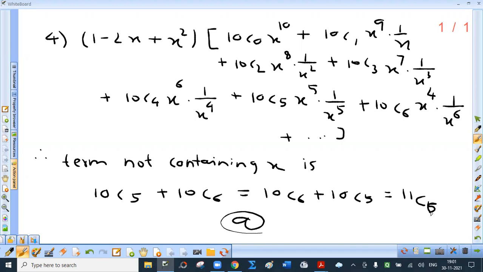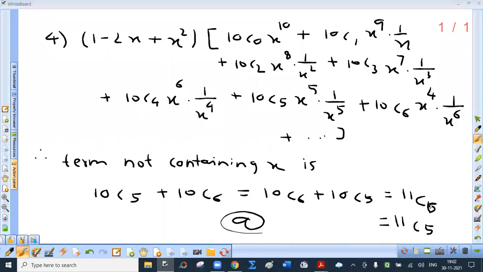Is this answer given? Just a minute. Yes, actually, what is 11C6? It is not given in the option because it is the same as 11C5. Why? nCr is nC(n−r). What is 11 − 6? 5. And that is why the correct option is A, Ahmedabad.